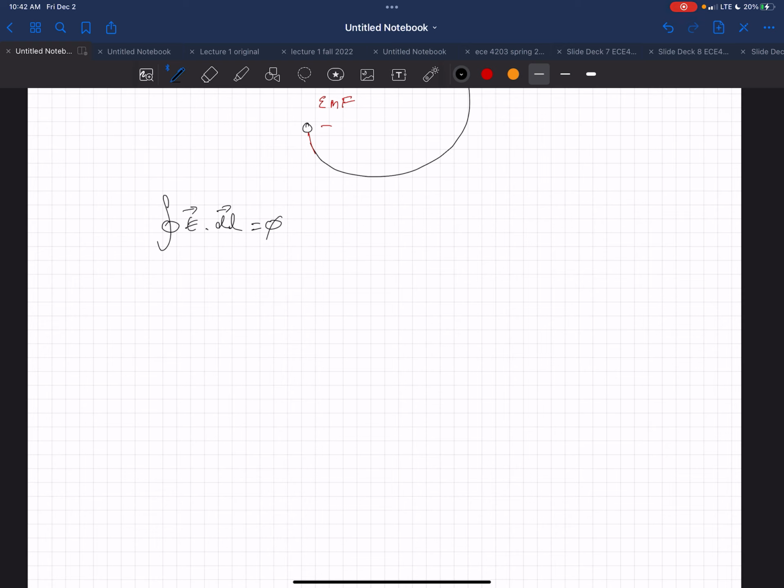Part of the time the electric field is repelling you, part of the time it is attracting you. We could derive that, but we won't. So that's normally the case.